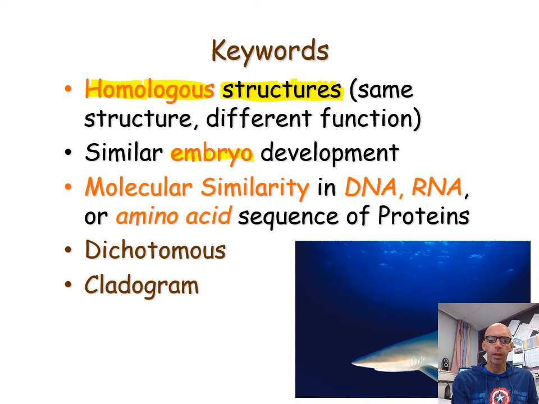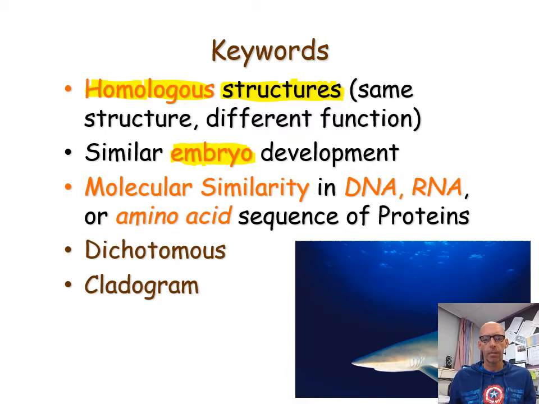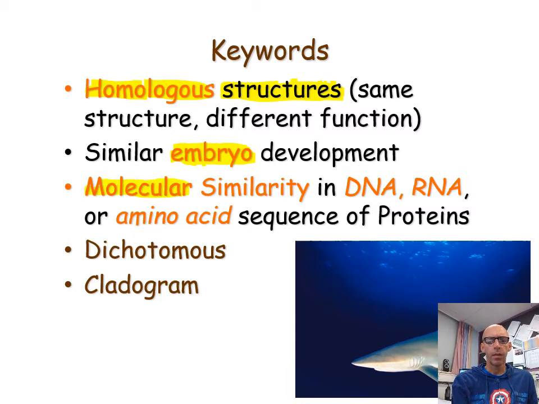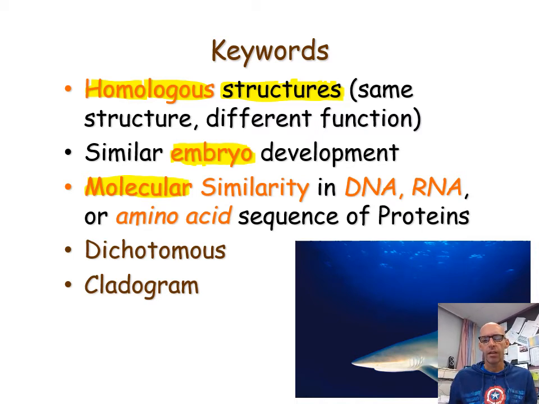The second one here, embryos. Embryology is the study of embryos. Embryo development from an early stage, when the cells first are fertilized and then grow into an embryo, there can be a lot of similarities, and we'll come on to that in a minute. Molecules in biochemistry and chemistry: if the molecules making up the creatures are similar, we now have the technology to look at the molecules.